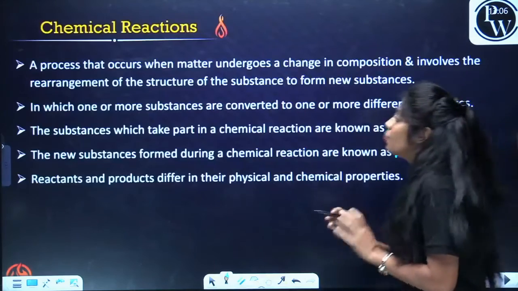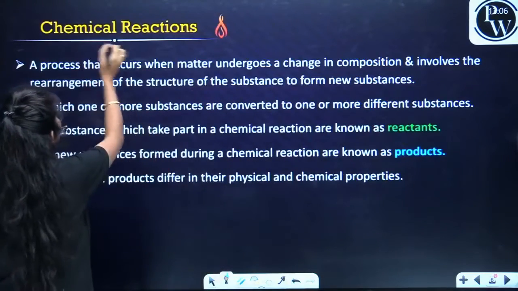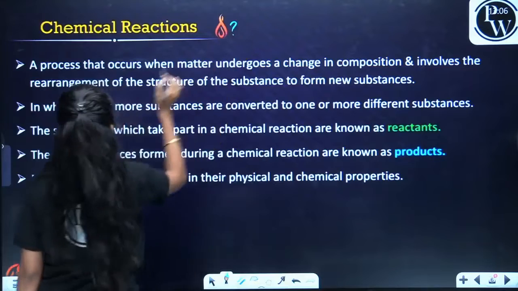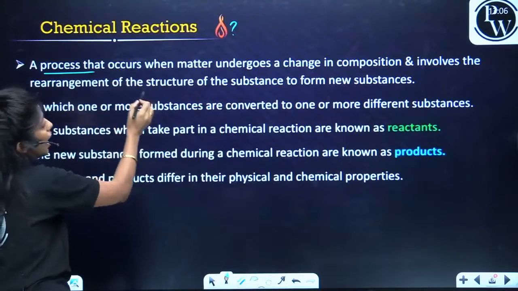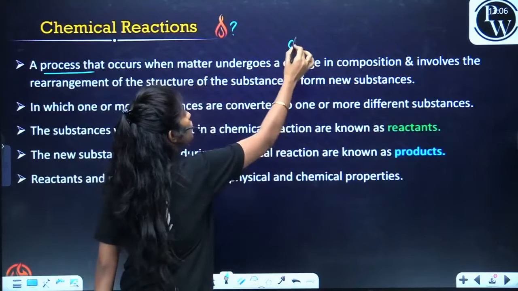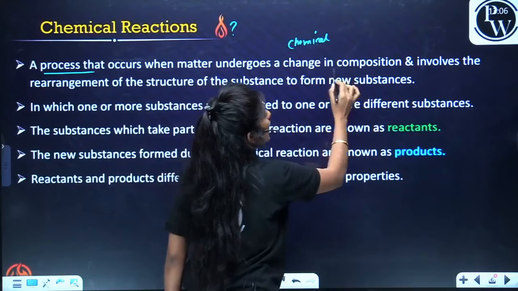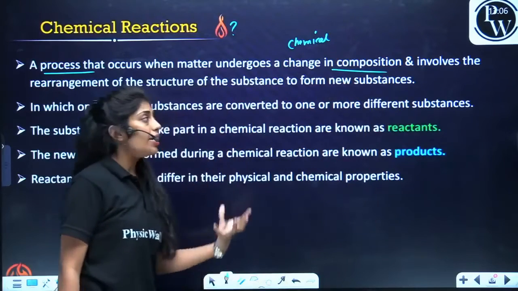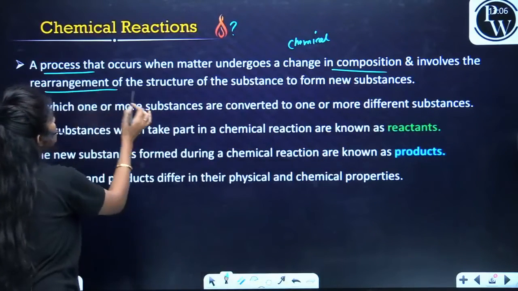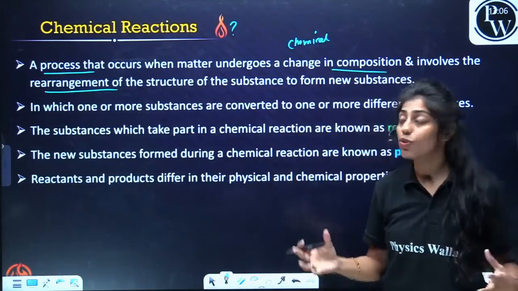Now, we have chemical reaction. Very much important. Try to understand what a chemical reaction is. Here you can see a process that occurs when matter undergoes a change. This is a chemical change, a change in the composition that involves the rearrangement of the structure of the substances. That is called the chemical reaction.